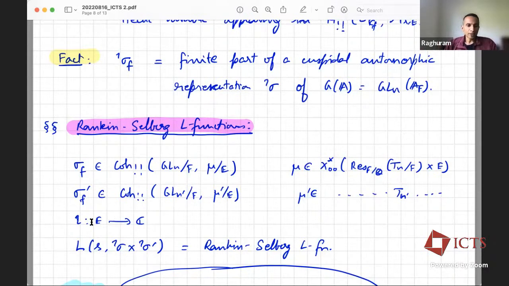I take an embedding iota from E to C, then I get a pair of cuspidal automorphic representations, iota sigma and iota sigma prime. And to this pair, I can consider the Rankin-Selberg L-function, which is of degree n times n prime over F.